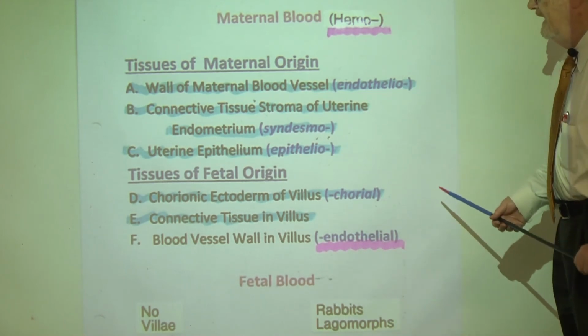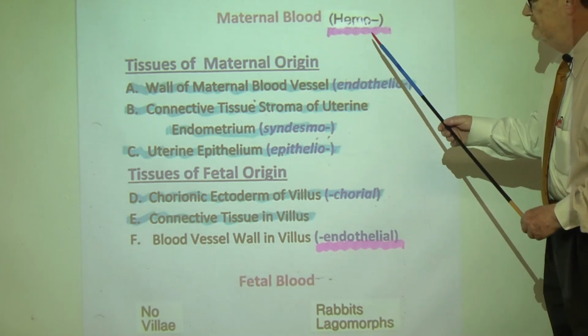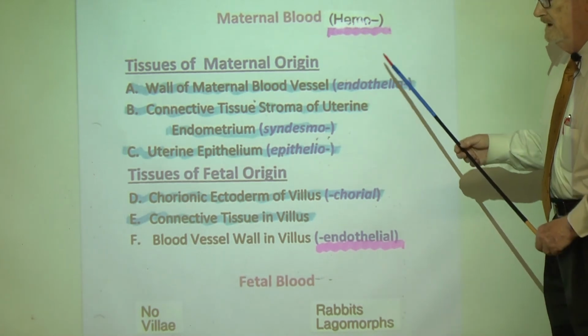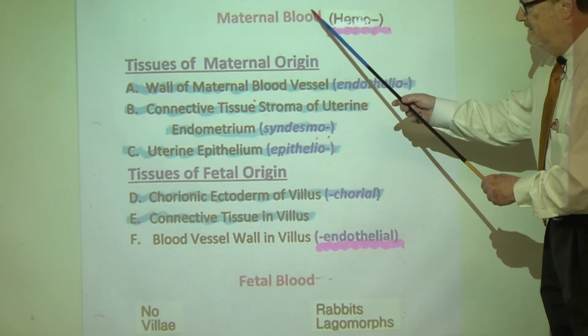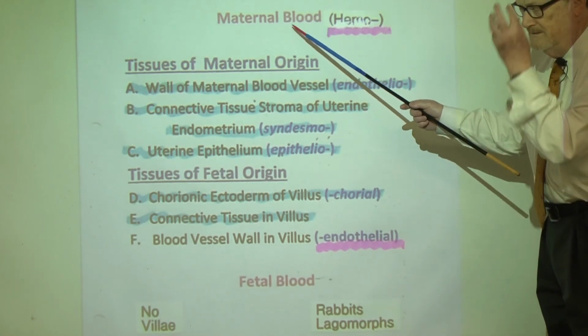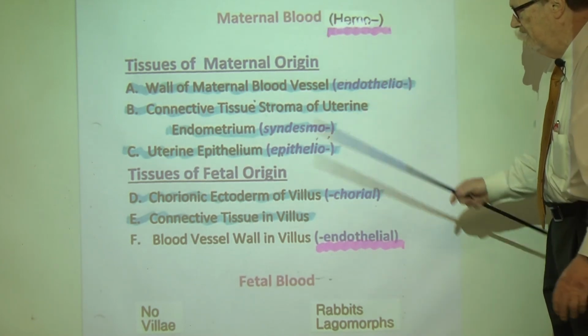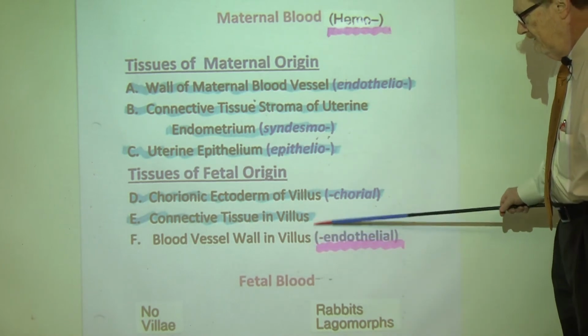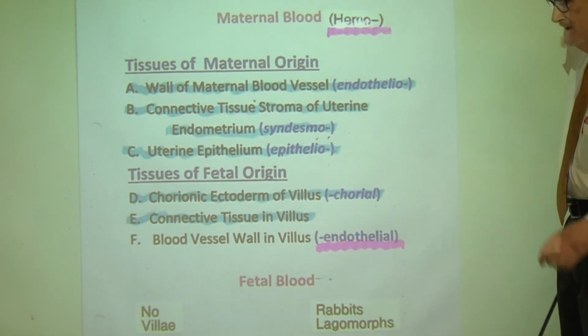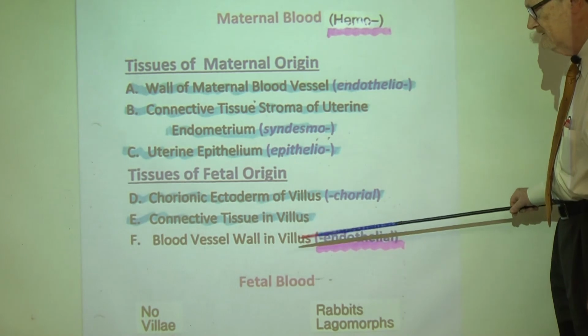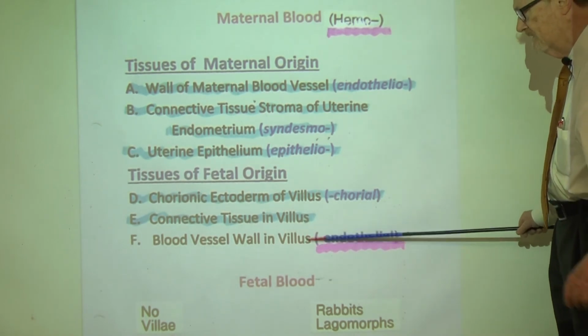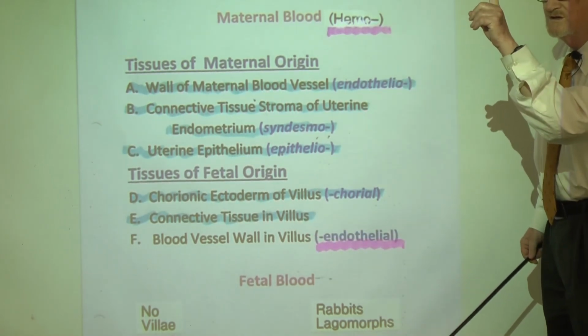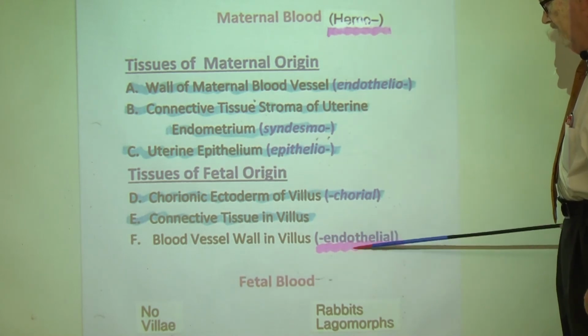Okay. And the maternal prefix is hemo, meaning that the blood vessel is completely surrounded by maternal blood. And the only thing that is a barrier to transplantation is the wall of the maternal blood vessel sticking up in the middle of what used to be a villus, and that's called the endothelial.